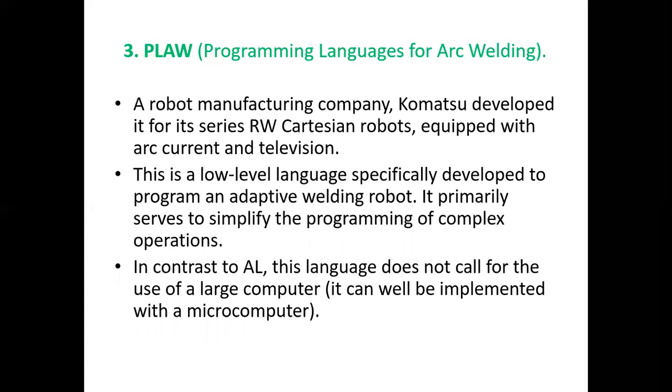It primarily serves to simplify the programming of complex operations. In contrast to AL, this language does not call for the use of a large computer. It can well be implemented with a microcomputer.